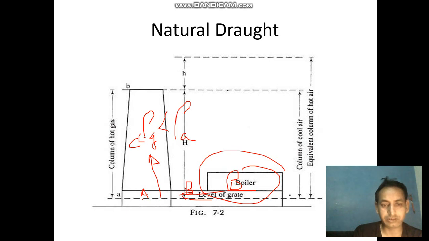So due to this density difference, the pressure at point A and at point B are different.